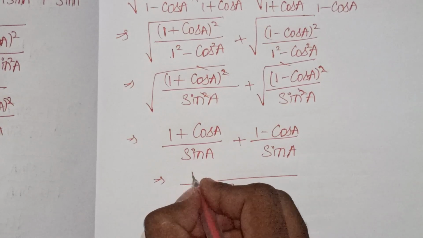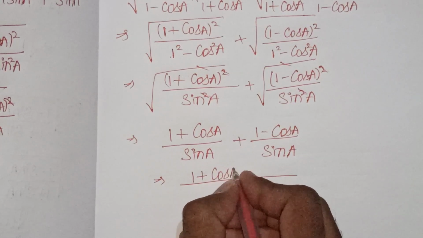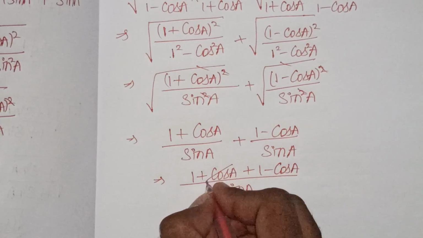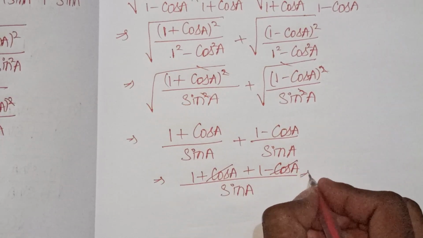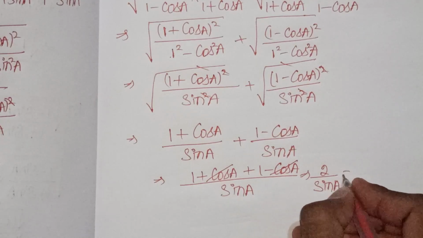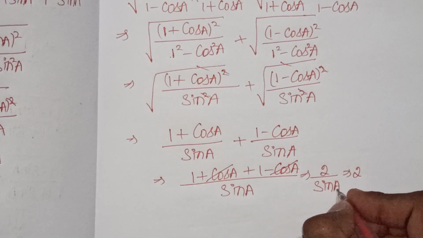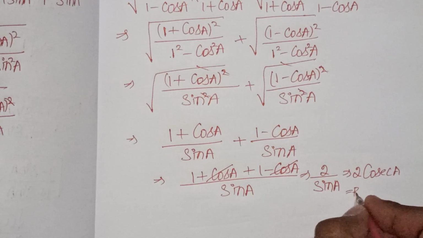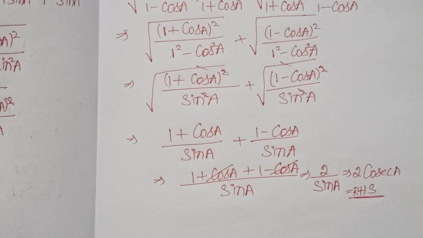Sin A, 1 plus cos A plus 1 minus cos A. Plus cos A minus cos A can be cancelled. 2 by sin A, and it will be equal to 2 into 1 by sin A, which can be written as cosecant A, which is equal to our RHS, hence proved.